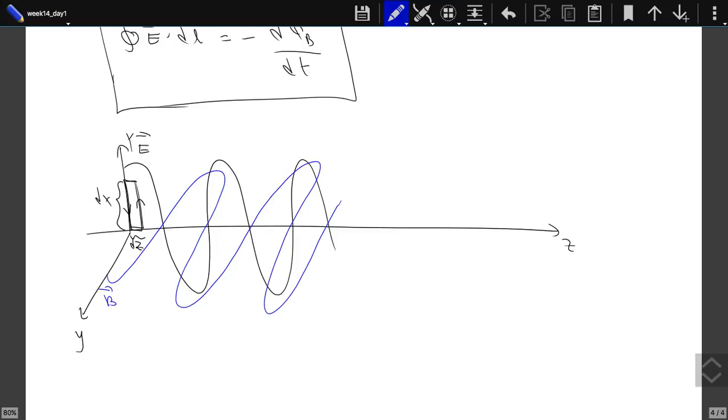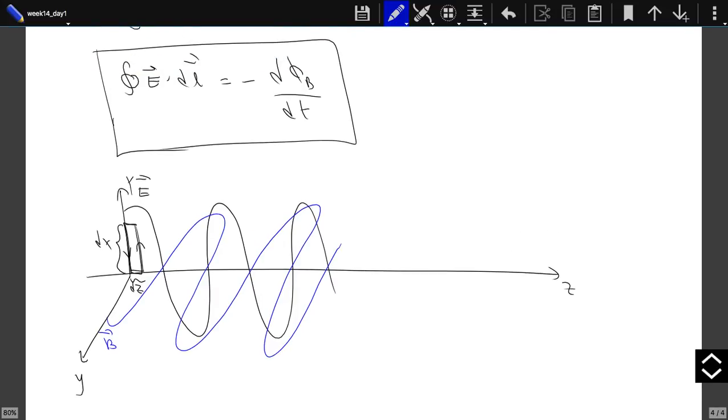What is the flux? This is, let's say, at the point z, at the time t. I mean, that point over here need not be the z equal to 0, so it's an arbitrary point z and at an arbitrary time t. What is the flux?